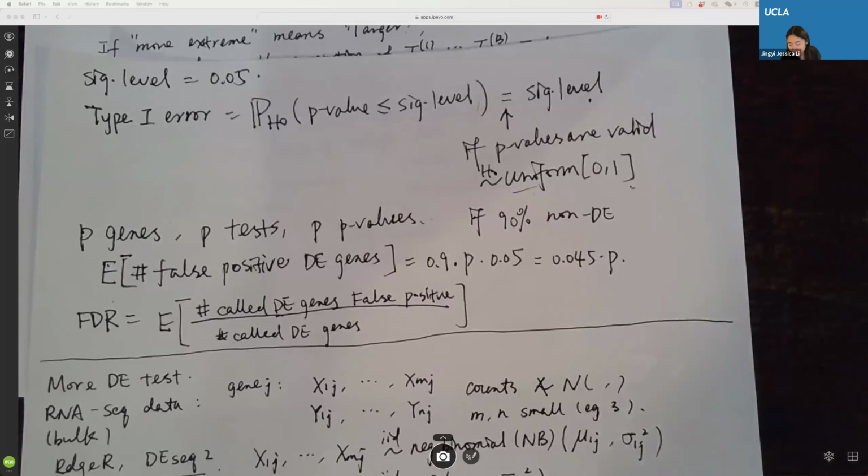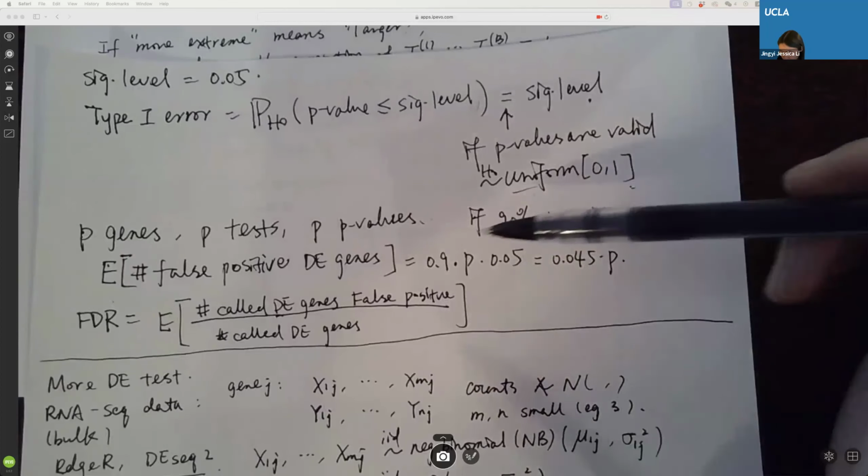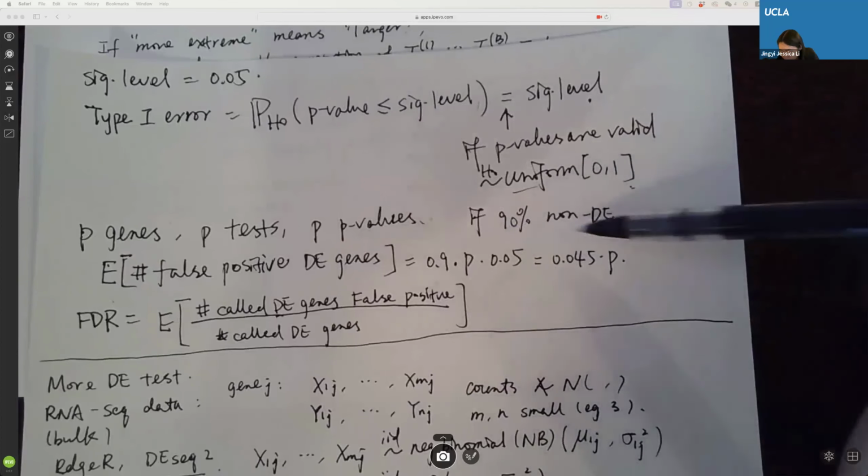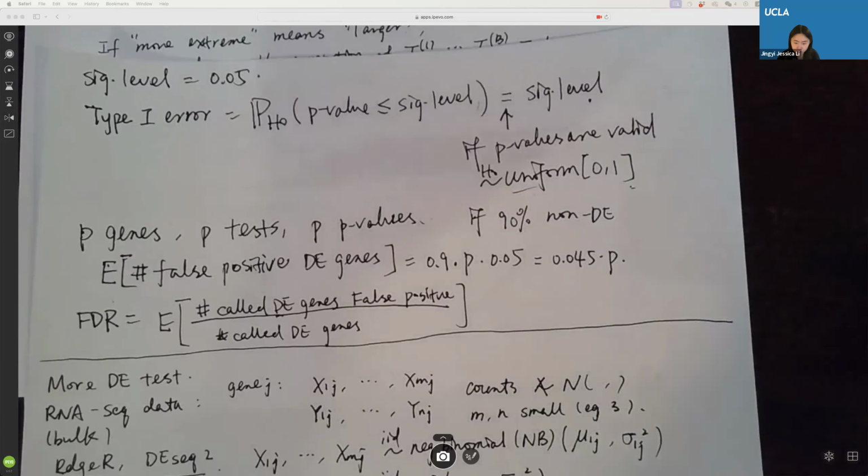DE gene. But if you have tens of thousands of genes, let me just make it up, 10K genes, that's a reasonable number for the human genome, because in the human genome, protein coding genes are more than 20K.